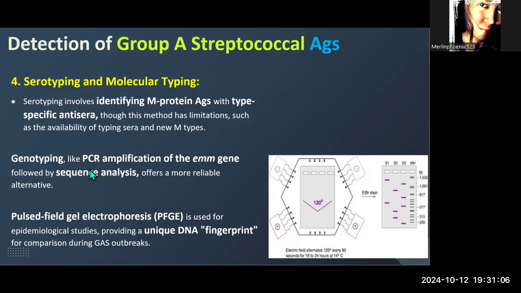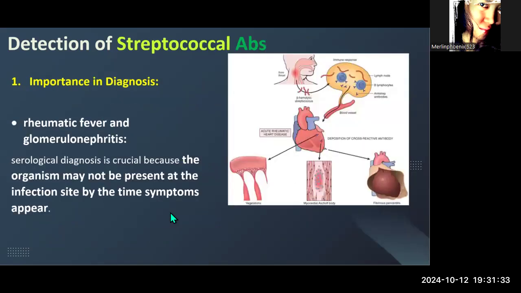Genotyping, such as PCR amplification of the emm gene followed by sequence analysis, can provide a more reliable alternative. We also have PFGE, or pulsed field gel electrophoresis, which is utilized in epidemiological studies to create a unique DNA fingerprint for comparison during GAS outbreaks.